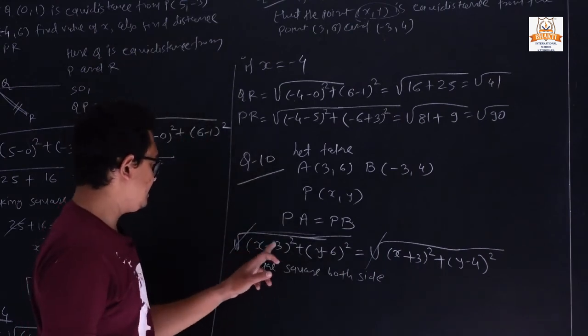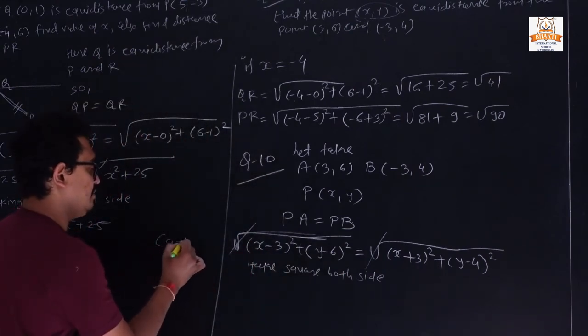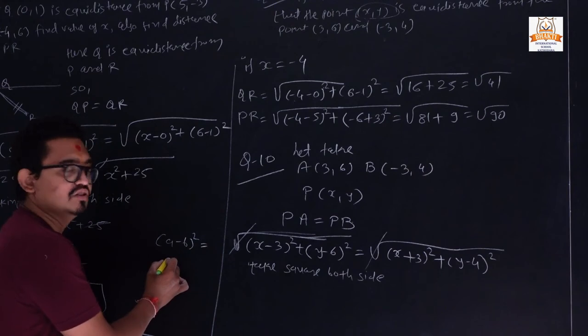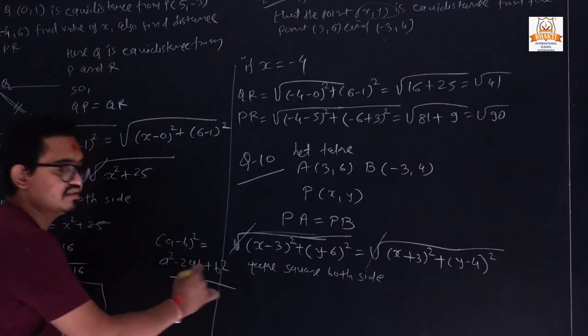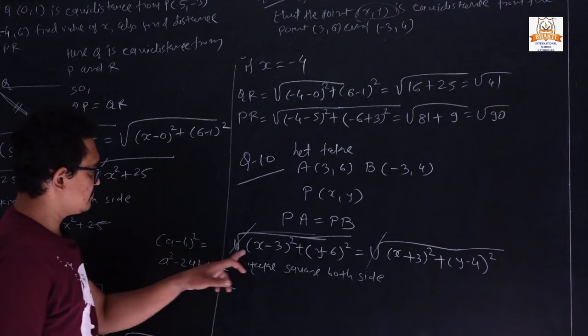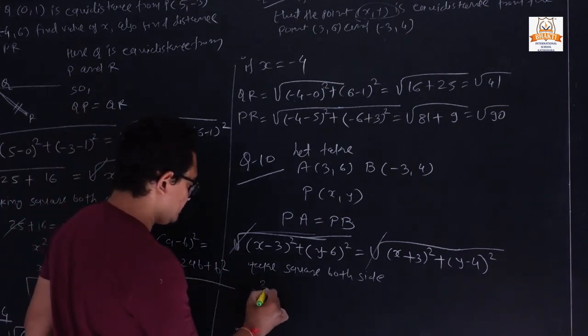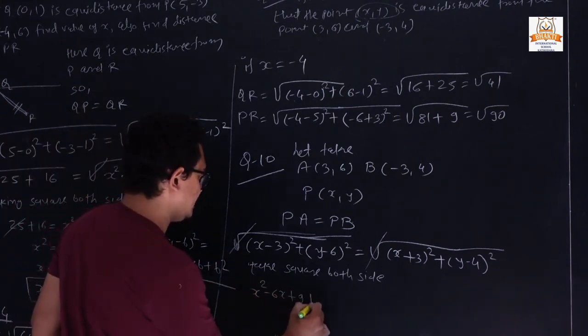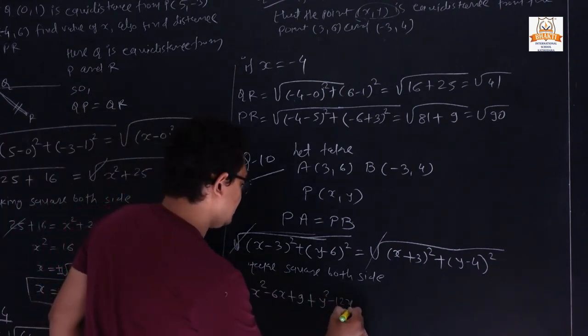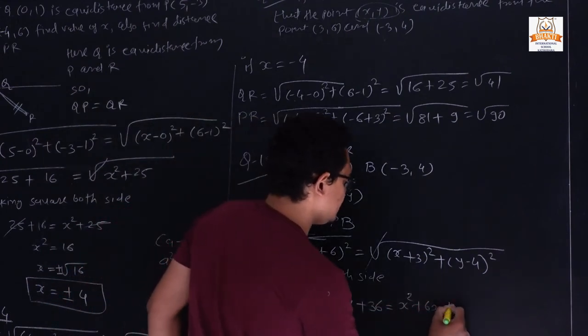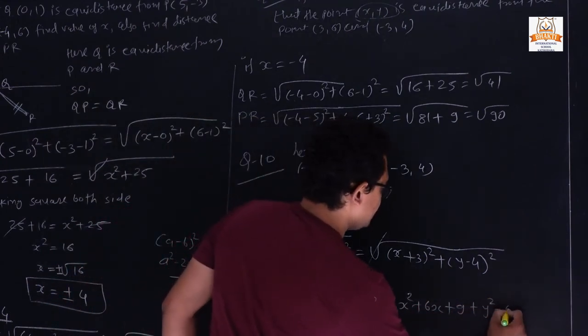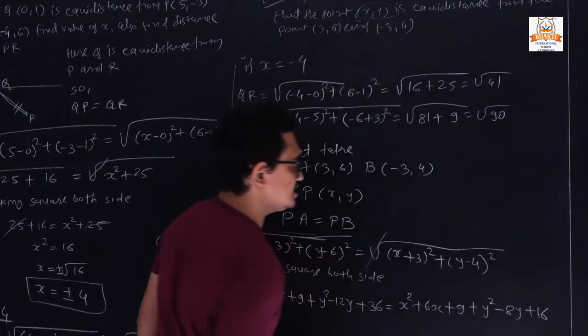So here we are applying which formula? A minus B all square is equal to A square minus 2AB plus B square. So x square minus 6x plus 9, y square minus 12y plus 36, equals x square plus 6x plus 9, y square minus 8y plus 16.